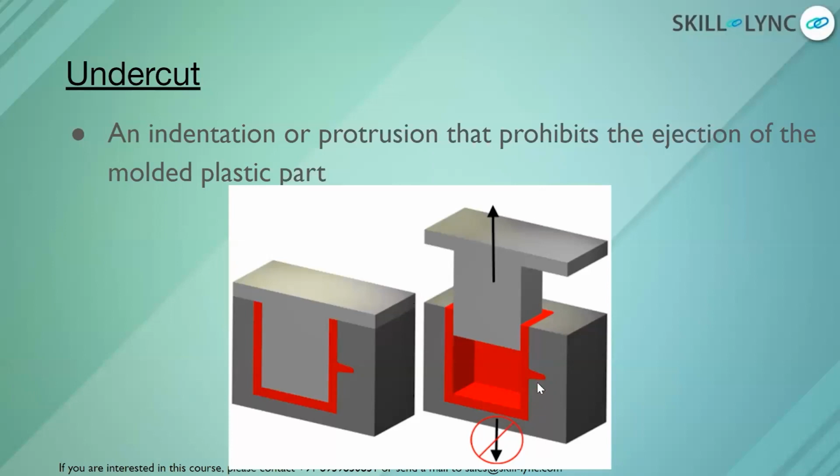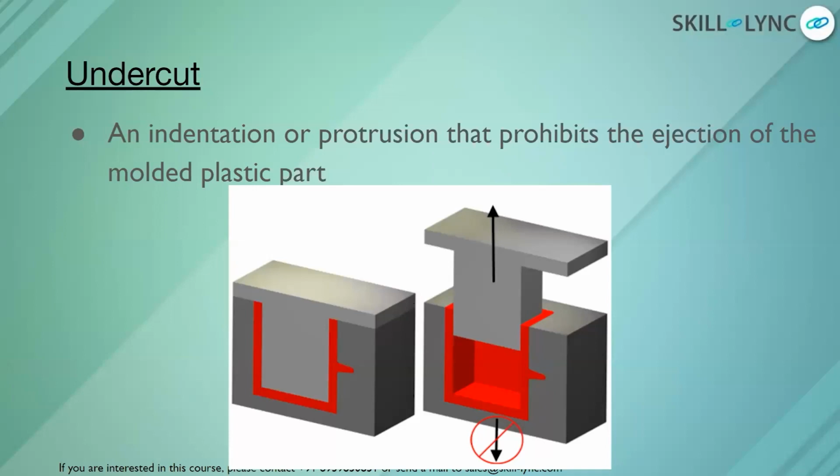In that case, you have the core block and the cavity block accordingly, and it will be difficult for the ejection. Ideally it has to be ejected perpendicular to the normal tooling direction, or we need to have some mechanisms made available to make sure that it actually works out.